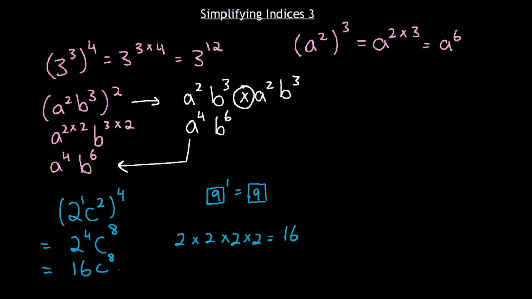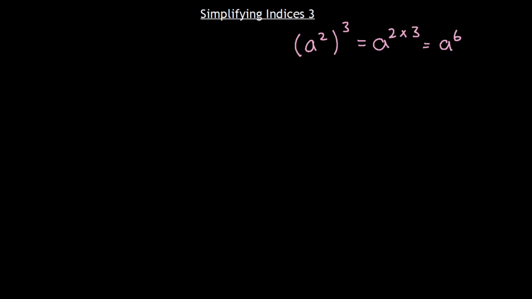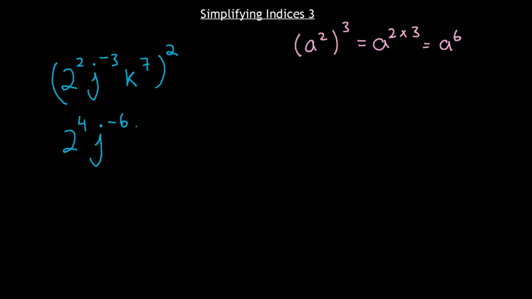Now moving on to the final example we will be looking at, and this time we'll have 2 squared, and we'll have a j to the power of -3, and we'll have a k power of 7, and all of that is squared. Again, multiply the powers, so this would be 2 times 2 is 4, and then we have our j, and -3 times 2 is -6, and then we're going to have our k, and this will be 7 times 2, which is 14.